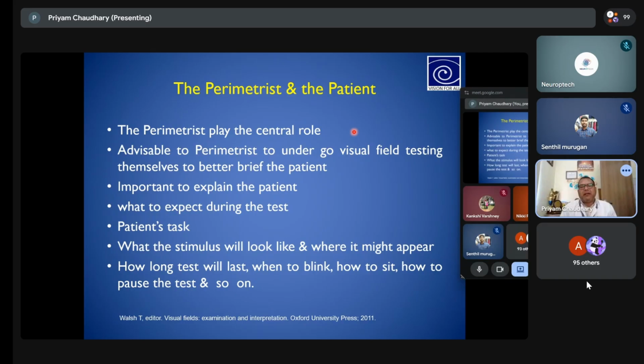All things should be very clearly explained to the patient in the patient's language. Suppose the patient is a Telugu patient and you explain in Hindi, the patient doesn't understand anything.